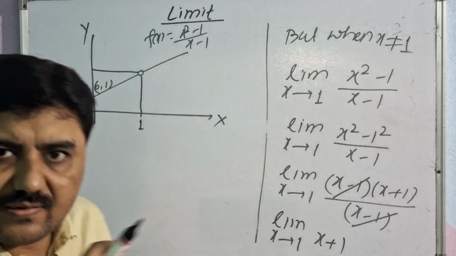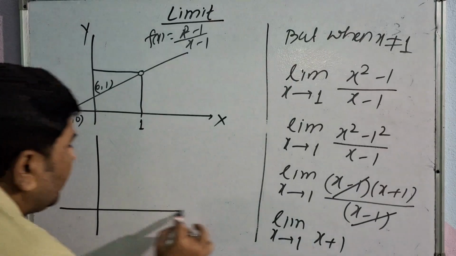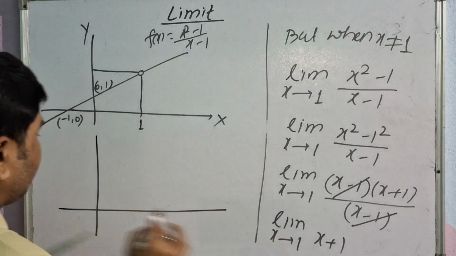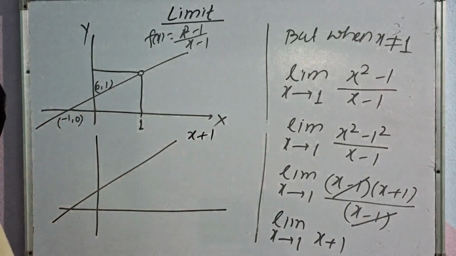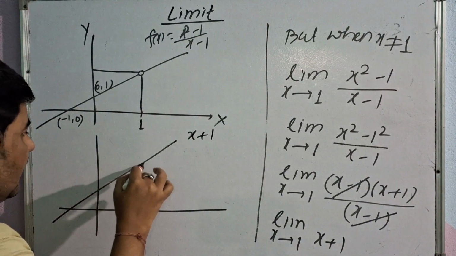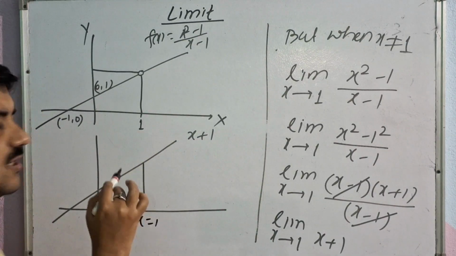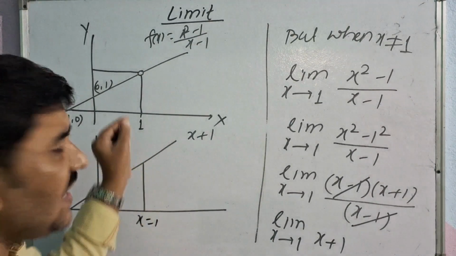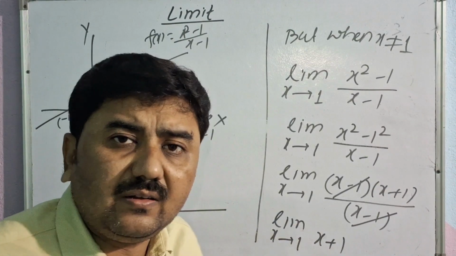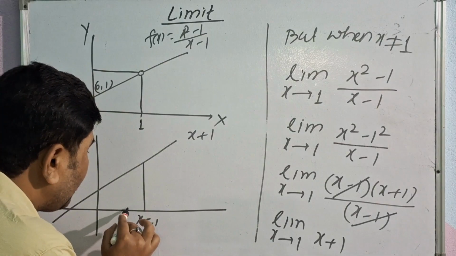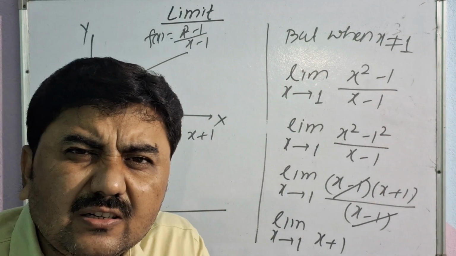Understand? But when we draw another graph, that is also f(x), that is x plus 1. Okay? And here we find that at x equal to 1, it is not defined. It is meaningless. But if x tends to 1, then it may be 1 minus 0, that is less than 1.